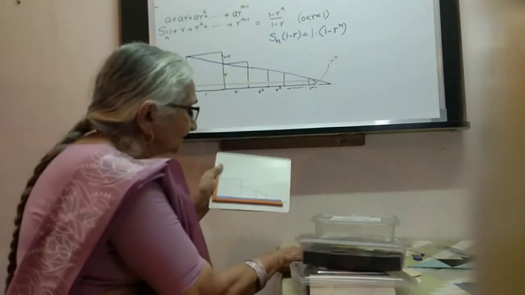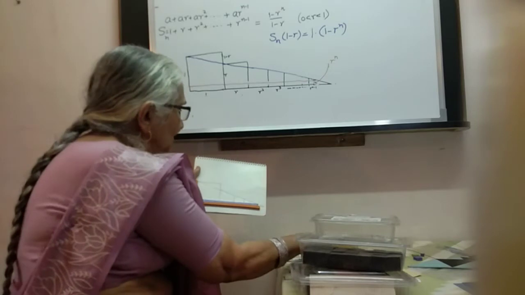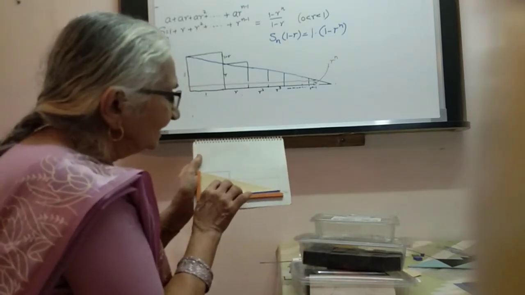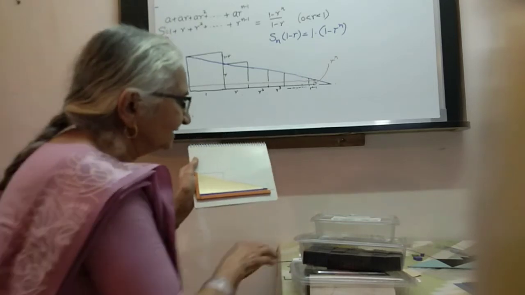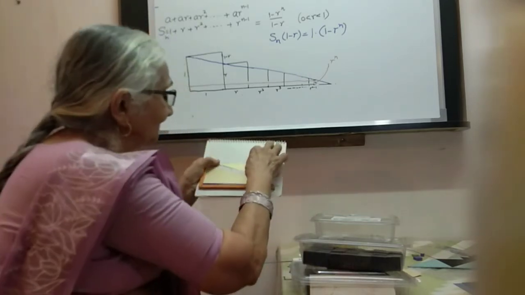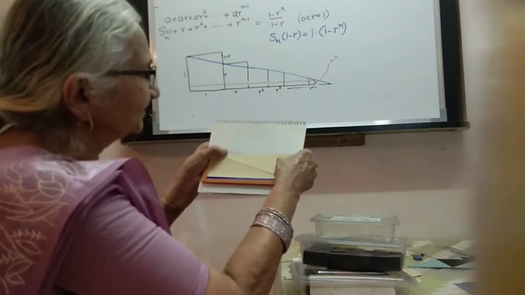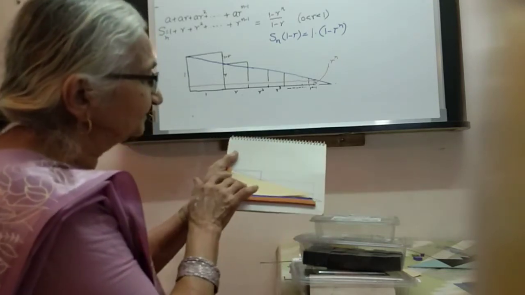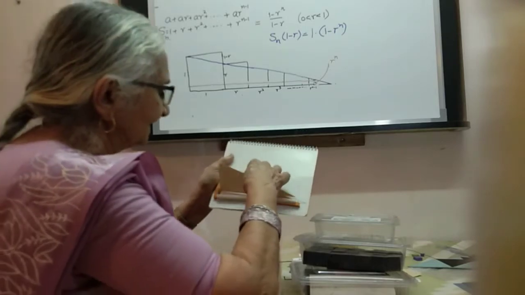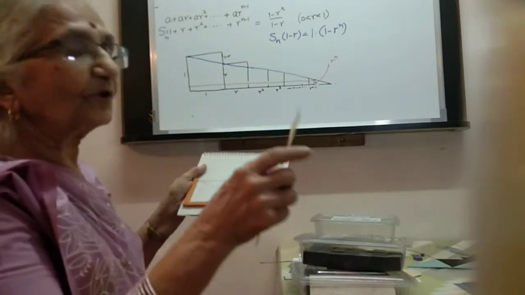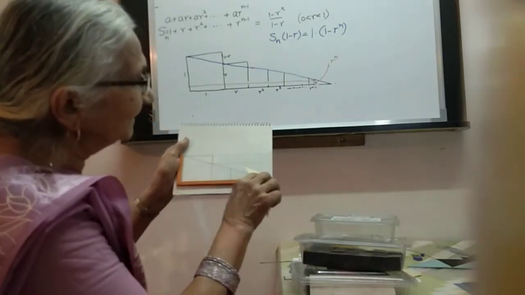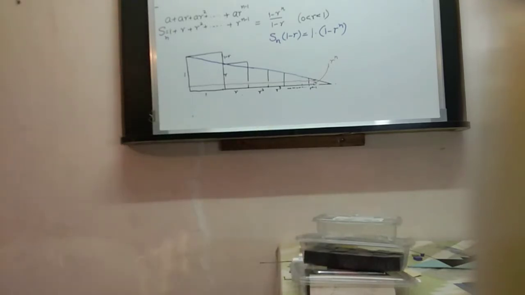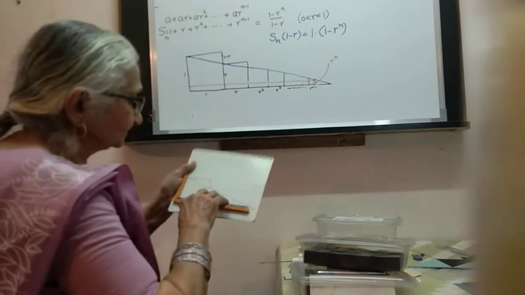Okay, for that purpose, we note first that this rectangle, this triangle and this triangle, they are the same, right? These two triangles are the same, and therefore this black line here divides our rectangle into two equal parts.